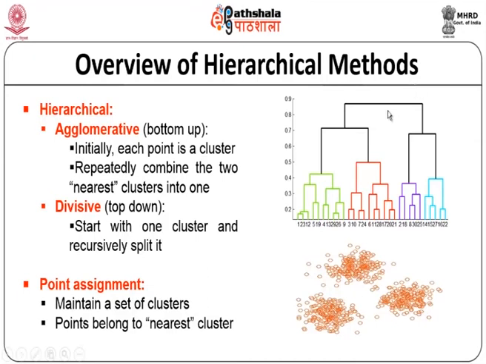Now, if it is a top down approach, initially we consider all the data points as one single group. So in the root all the data points are initially placed as a single cluster. Then we try to identify, based on one or more dimensions, the dissimilarity among these data points, and accordingly they may be further partitioned into two.